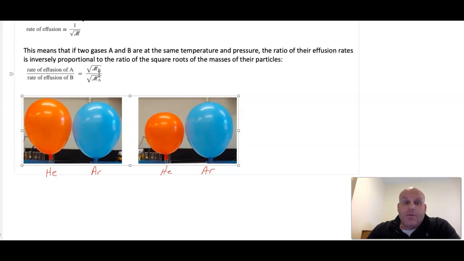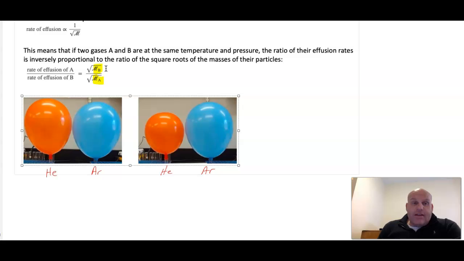We should be comfortable, coming out of the last set of videos, with how we've used the ideal gas law, density, and molar mass, and the interconnectedness between those concepts in the past for some calculations here.